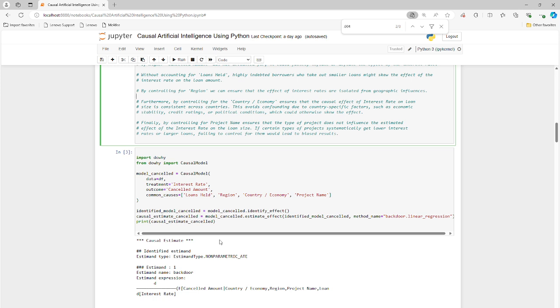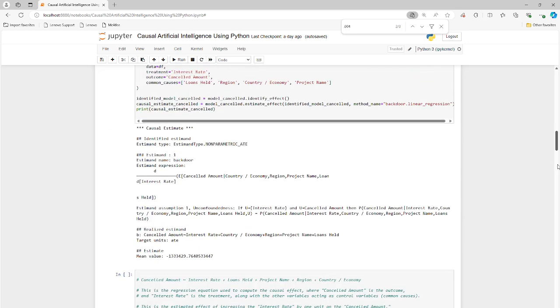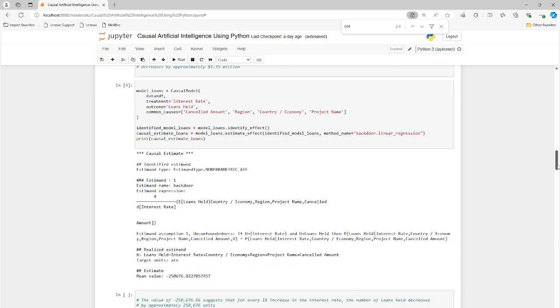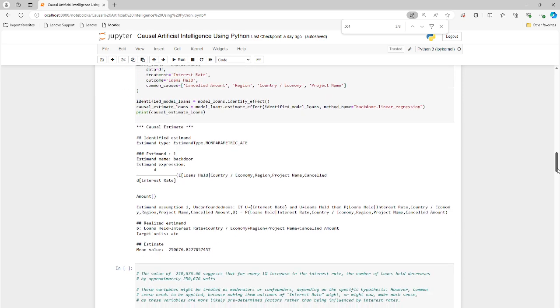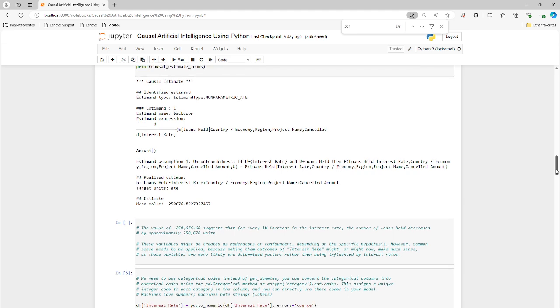Again, we have the interest rate and the canceled amount. Now, it's not the amount issued, but the amount that's canceled by the lending institution. And then again, for common causes, we have loans held, region, country, economy, and project name. This is what we're trying to account for or trying to control for. So similar to before, we say a 1% increase in interest rate, again, interest rate is the independent variable, the number of loans held decreases by 250K, okay?